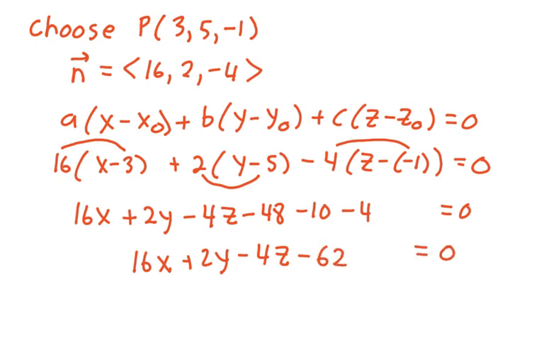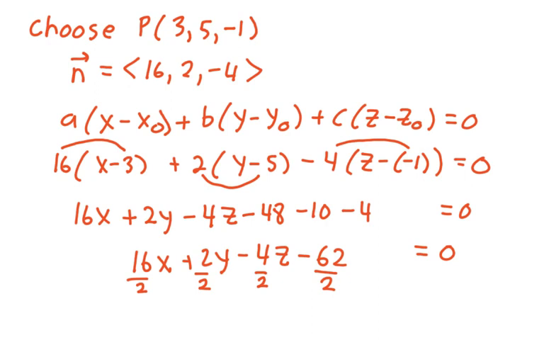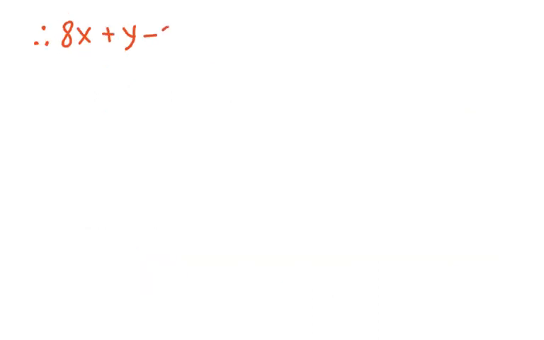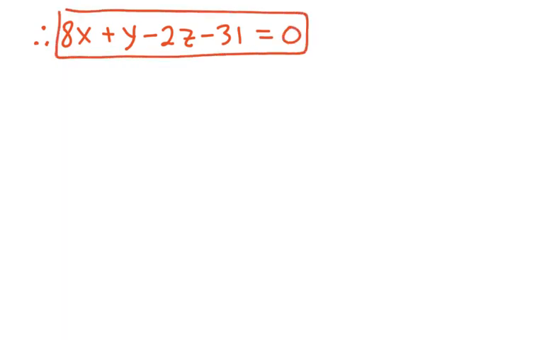And so I want to divide everything by 2 because we can. And so therefore 8x plus y, right, minus 2z minus 31 equals 0. And that right there would be the equation of the plane.